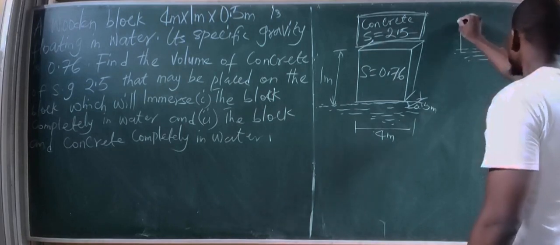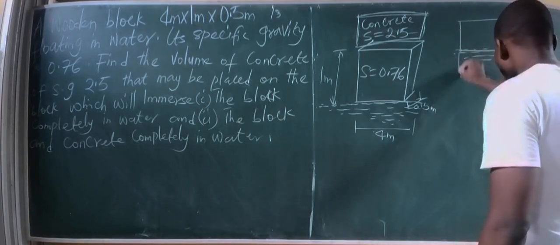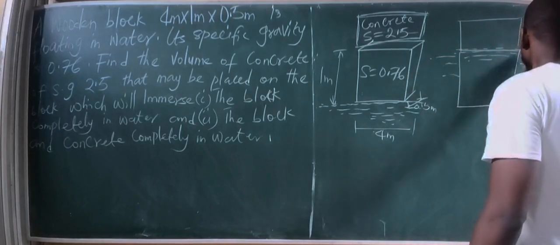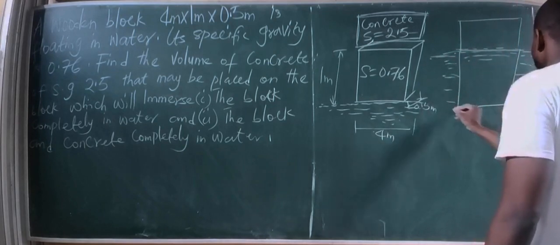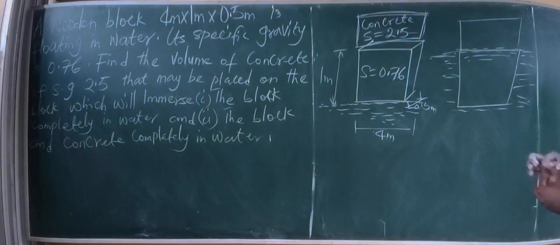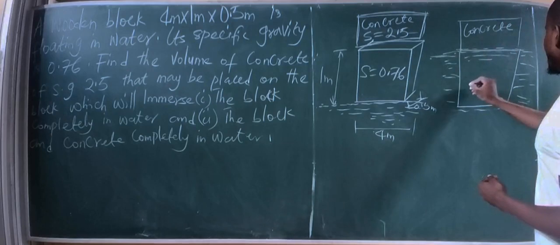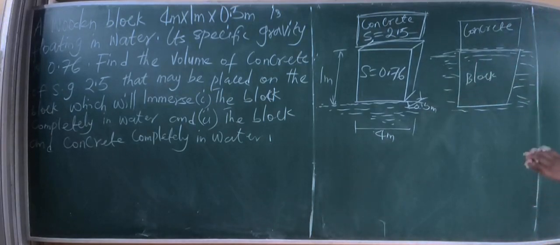We have the concrete on the water, but the block itself is now completely immersed in water. So this is a condition. The block is now completely immersed in water, but take note, the concrete still remains on top. So these are the two conditions that we have.